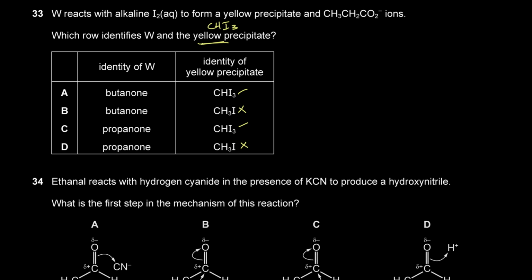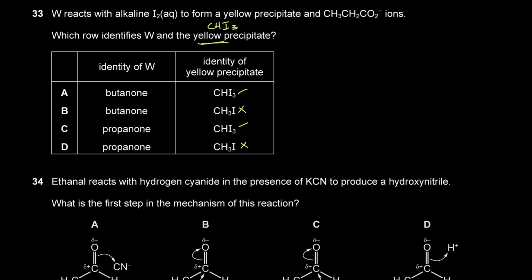Now, in the iodoform reaction, because we're getting this triiodomethane, the other product has one fewer carbon atom than the reactant. We get a one carbon product here, that's triiodomethane, and the other product will have one carbon atom fewer than the original reactant.